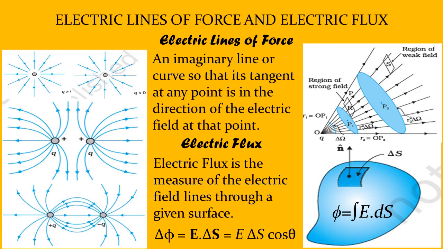I choose small elements of area over the complete given surface, calculate the flux through each of those elements and sum it up, integrate. So I get the flux through the complete surface, phi, given by the integral of E dot delta S. That in summary is what we are going to learn today.